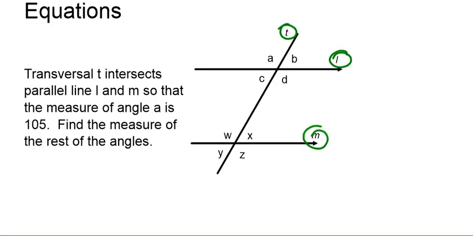Some of the relationships we see are alternating interior angles, alternating exterior angles, and things like corresponding angles. Lots of different phrases that like to fit into this scheme here.